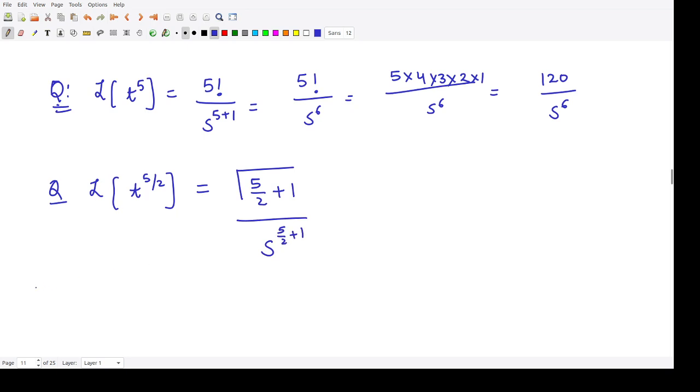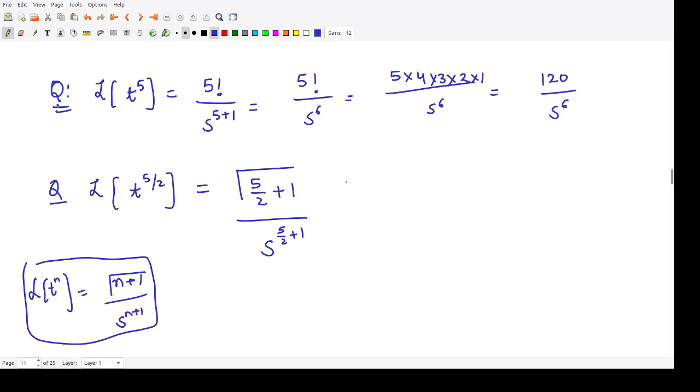So this becomes 5 by 2 into gamma of 5 by 2, and the denominator becomes s raised to power 7 by 2.